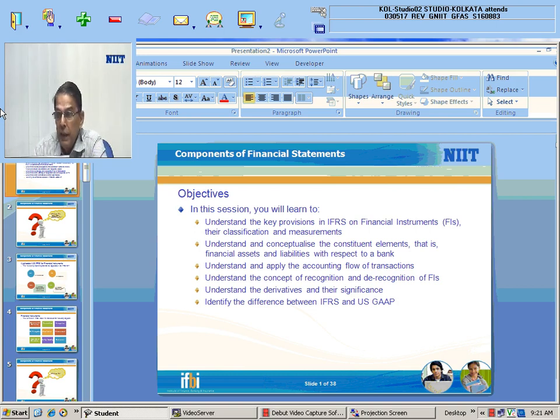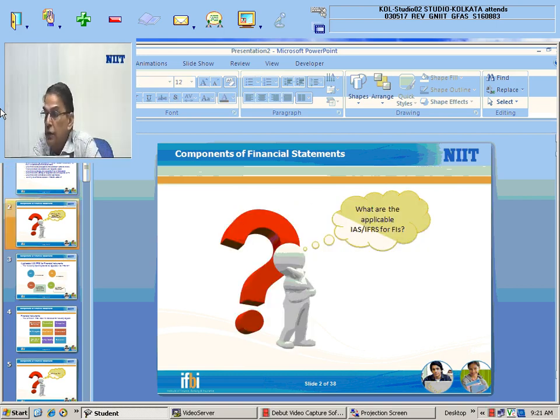Now the question is, what are the applicable international accounting standards or international financial reporting standards for financial instruments? There are numerous accounting standards that relate to this topic differently and also in parallel. So let's have a look and understand in brief what different standards are applicable for this topic and how they work in tandem.